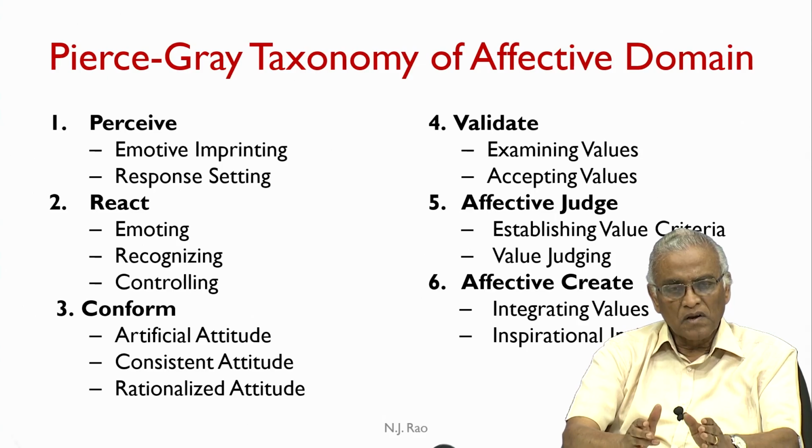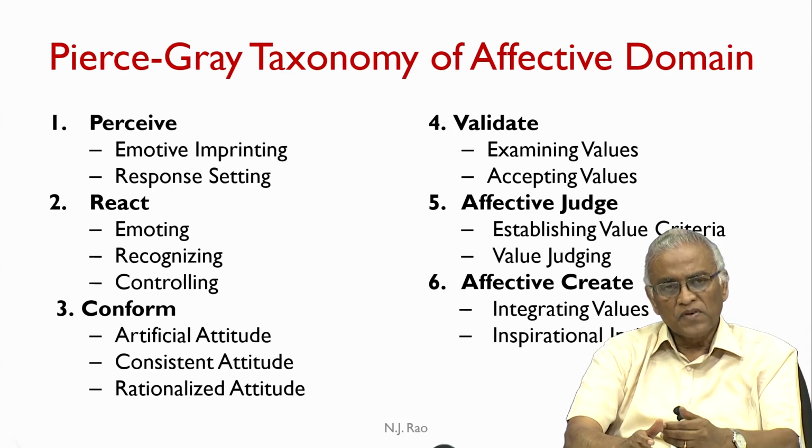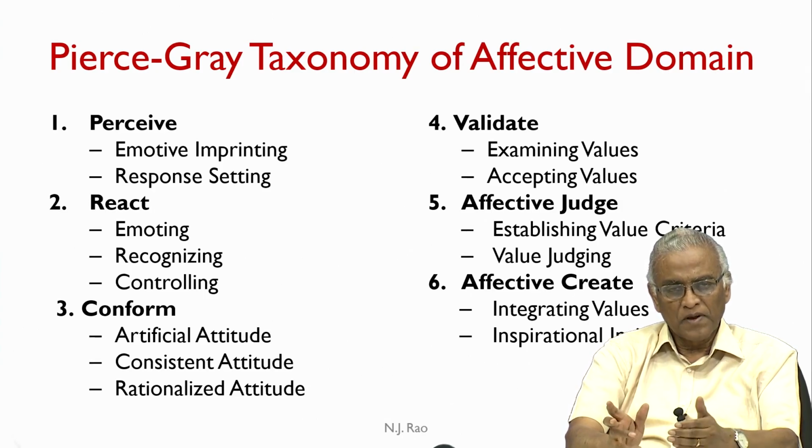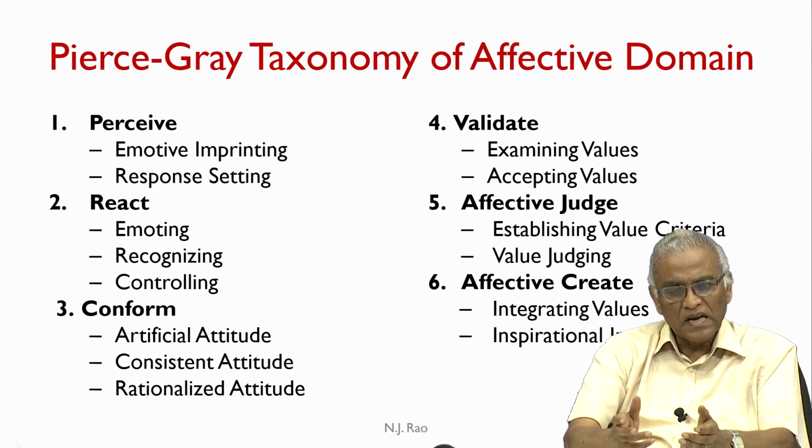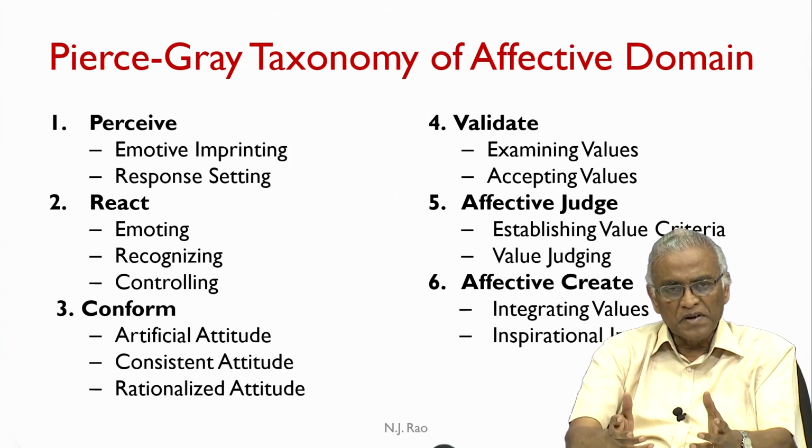For each level, we are identifying sub processes, as we have seen in the case of the cognitive levels also. Under each category we had some sub processes identified. In the same way there are sub processes to understand each process a little more in detail.